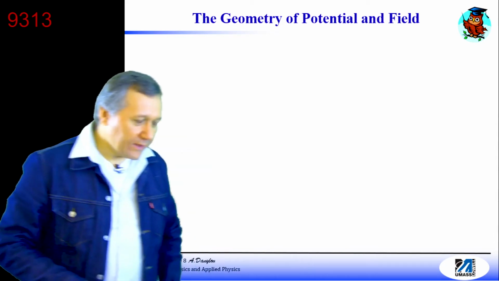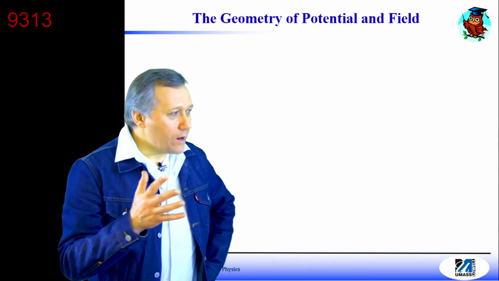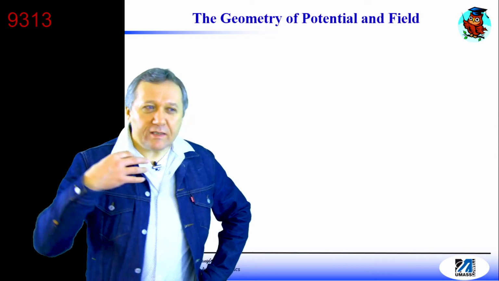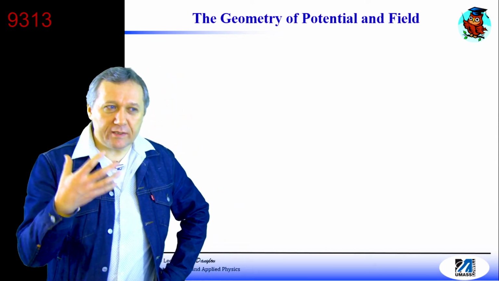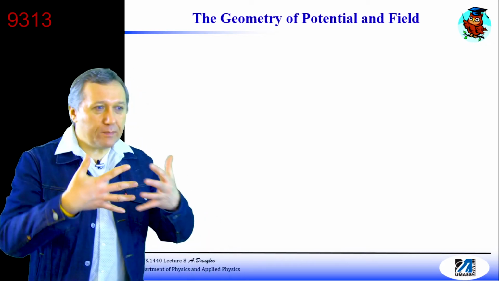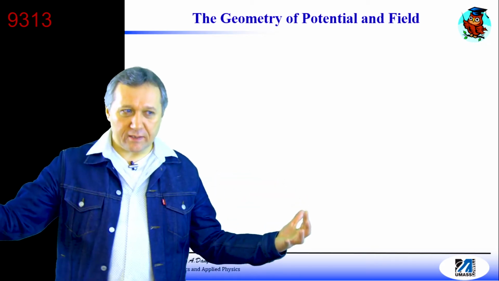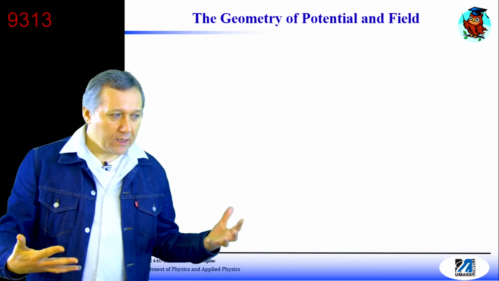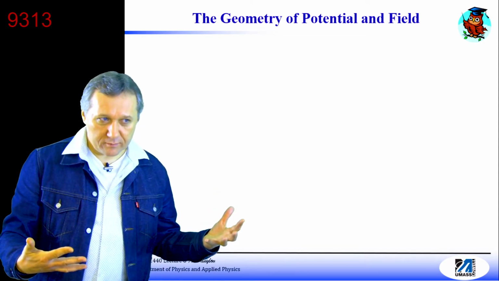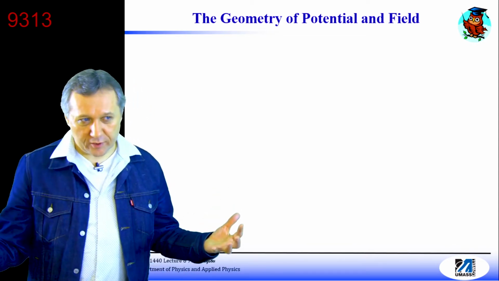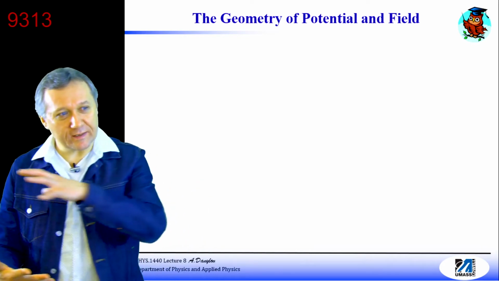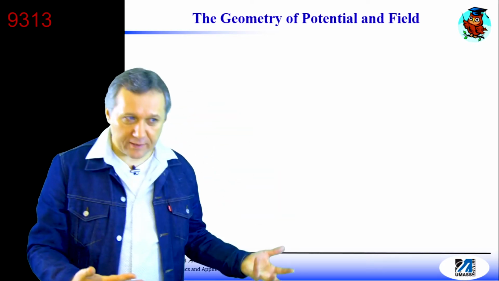So we know that. Now, but what about getting some quick information about the electric field if, for example, a bunch of equipotential lines are given? You remember we can visualize electric potential by drawing equipotential lines. And of course, we can visualize electric field by drawing electric field lines.